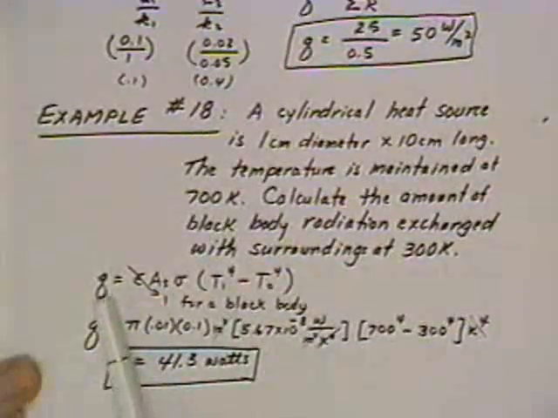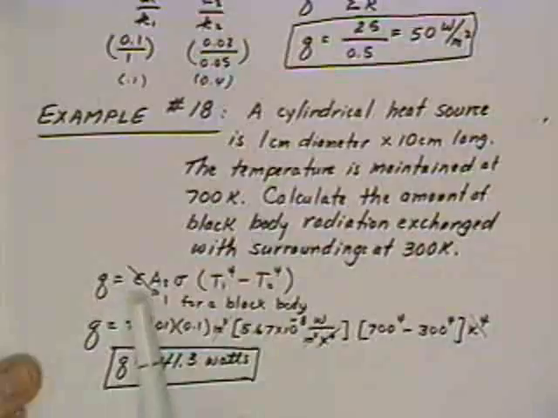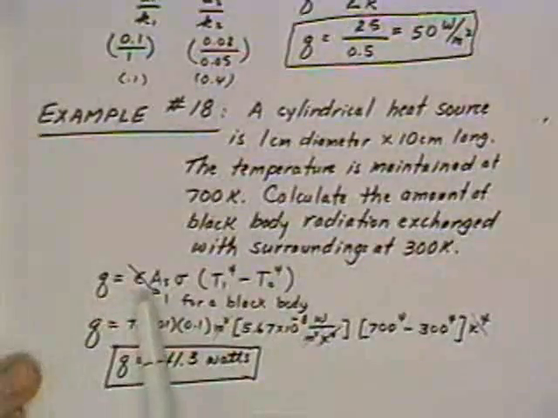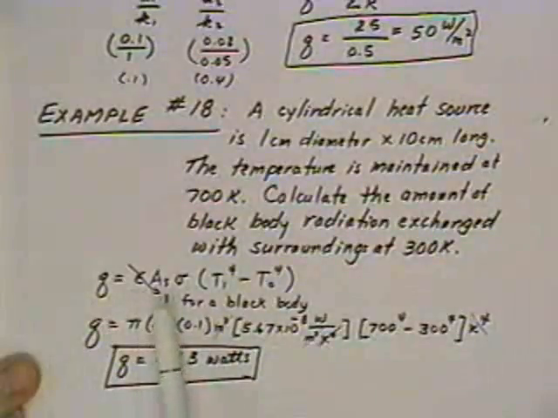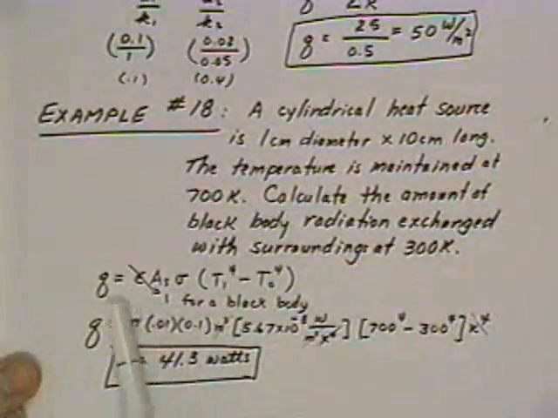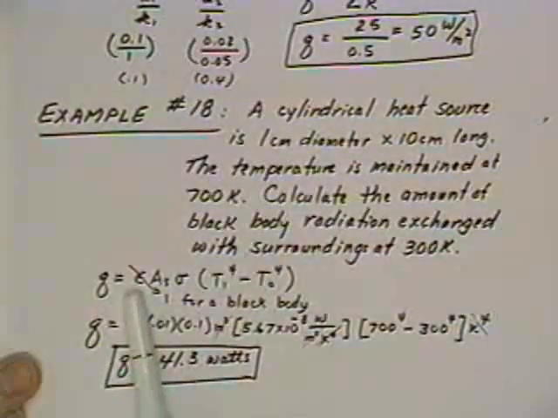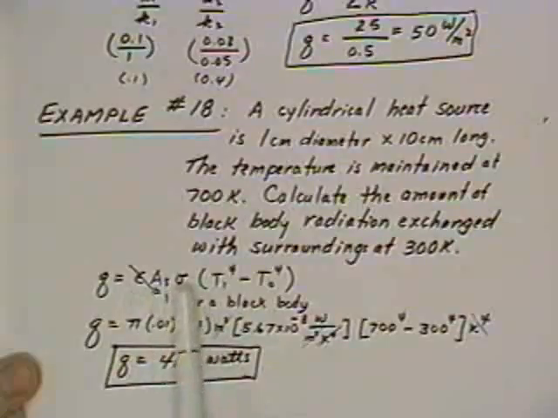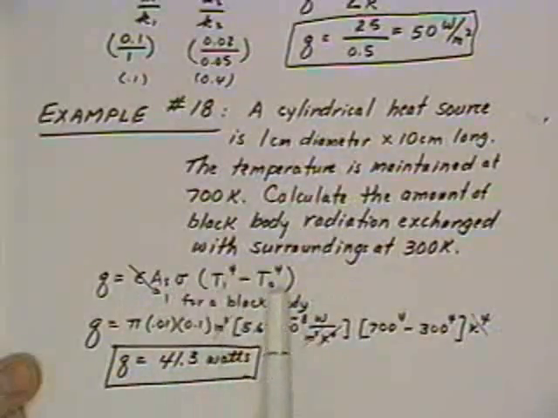The heat transfer by radiation then is equal to this equation in your reference manual on page 53 or 54, I forgot which, where Q is equal to the emissivity, epsilon, times the surface area, times the Stefan-Boltzmann constant, sigma, times T1 to the 4th minus T0 to the 4th.